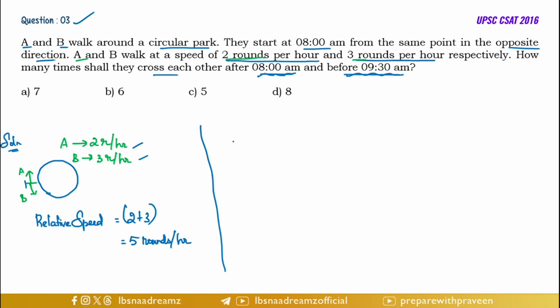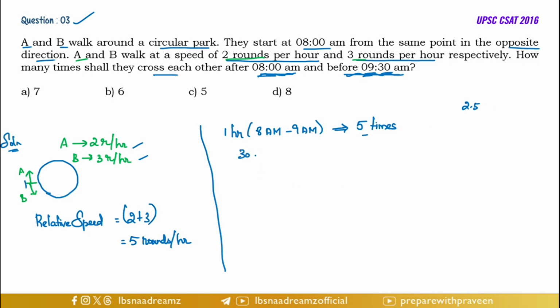So we can assume in 1 hour, that is from 8 a.m. to 9 a.m., they have crossed each other 5 times, right? And if you divide 30 minutes with 5 times, which will come around 2.5.